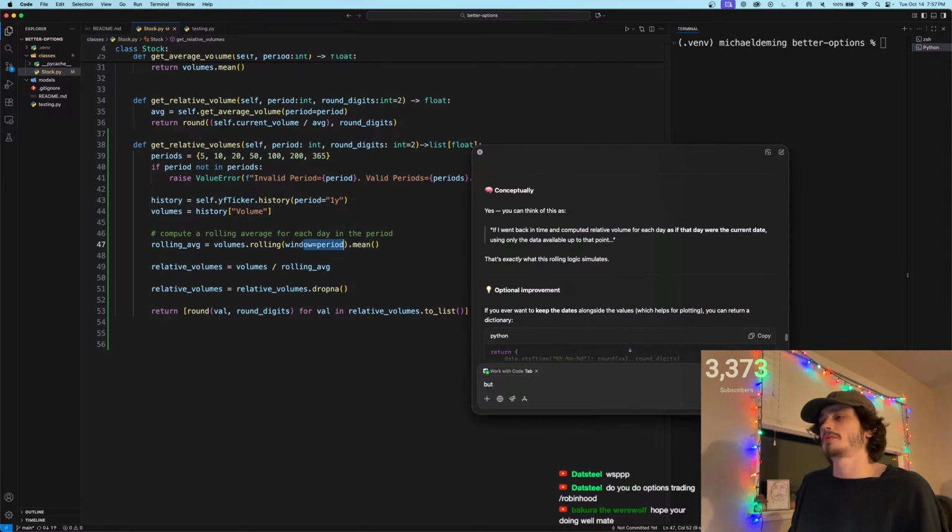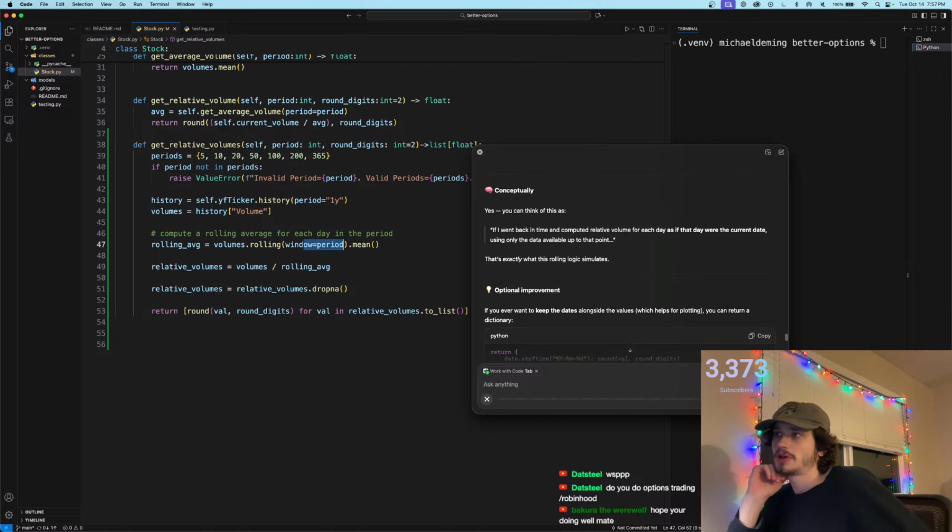Right now it's taking in the same period, and it's only getting a history for one year. So if you give it a period of 365, it's going to try to go back 365 days to the 365th day in the past, which will have no values, basically all NA except the first value in the list, right?